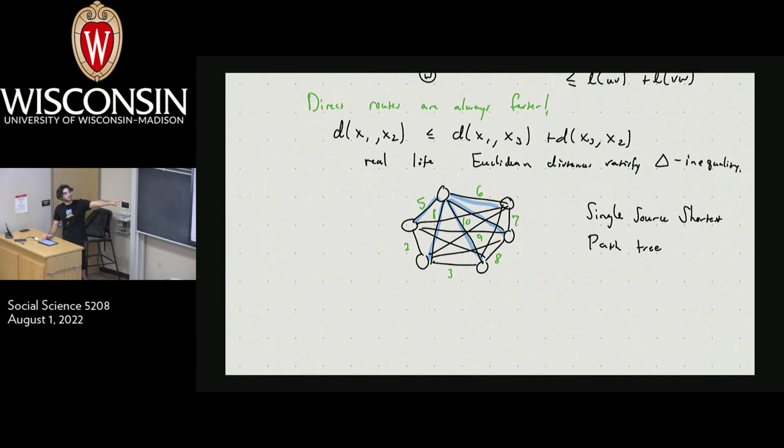So any shortest path tree will always look like this. It'll just be edges directly to everything else. And there's no reason why that would give us a short cycle. How do we even turn that into a cycle? It's not entirely clear. So single source shortest path doesn't seem to be helping.